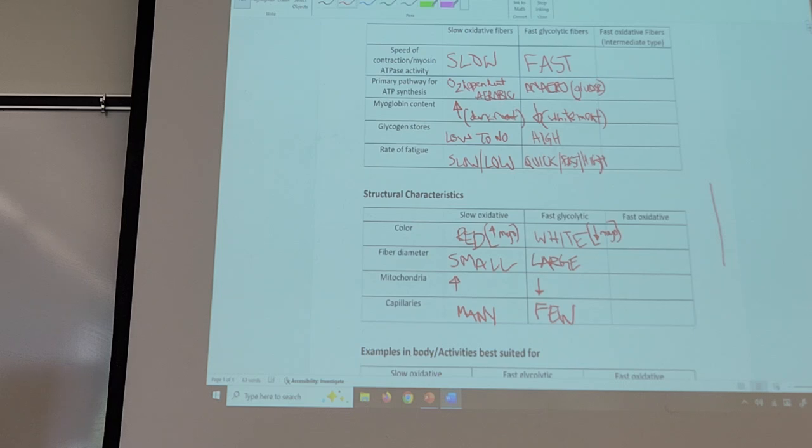Aerobic. Myoglobin content, because they're aerobic, is relatively high, but probably not as high as slow oxidative, so middle of the road. Glycogen stores are low because they're oxidative fibers. Rate of fatigue is in the middle, medium. So it's kind of all down the middle for the third column.